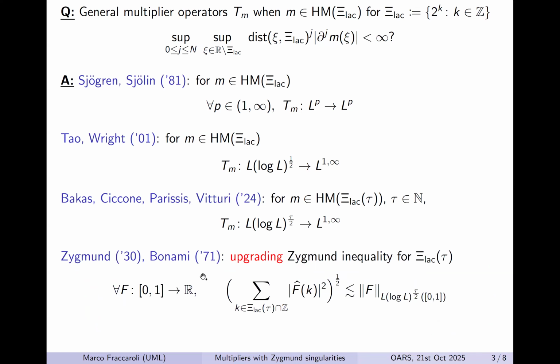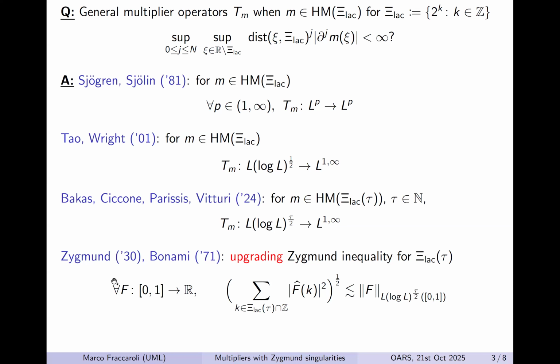And the underlying property of the lacunary set that allows for such an endpoint estimate is the so-called Zygmund inequality for lacunary sets, which was proved by Zygmund for the case of lacunary sets of order 1, and then by Bonami for lacunary sets of any order. And what does this Zygmund inequality say?